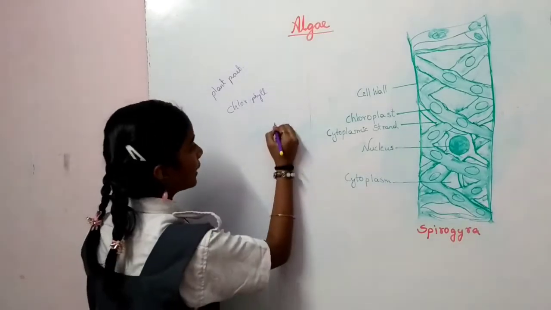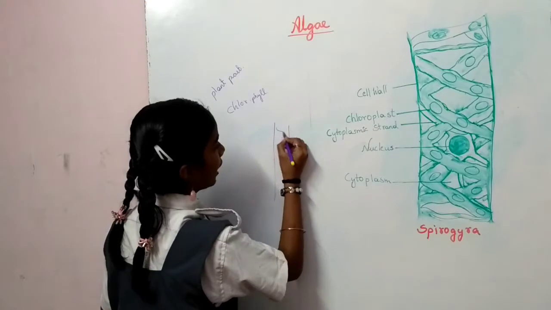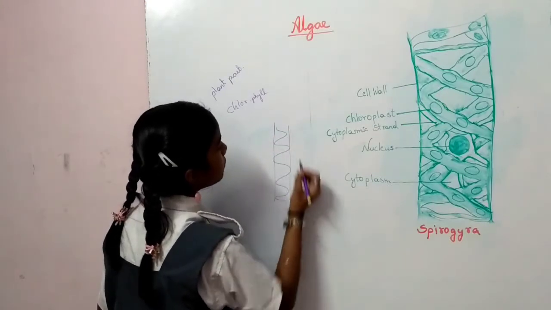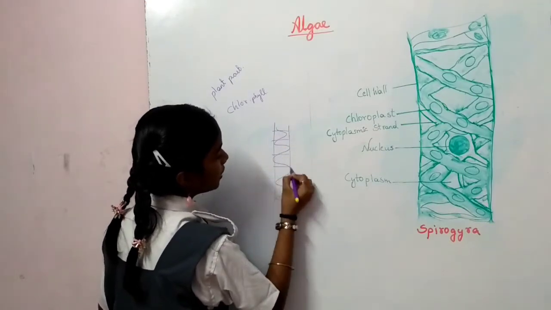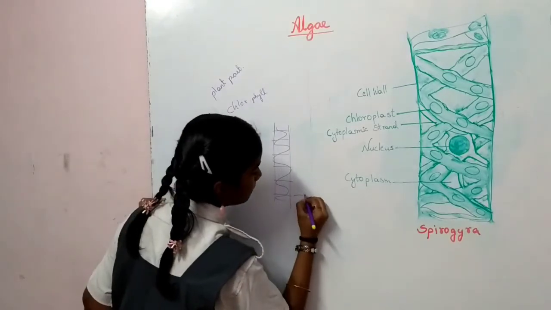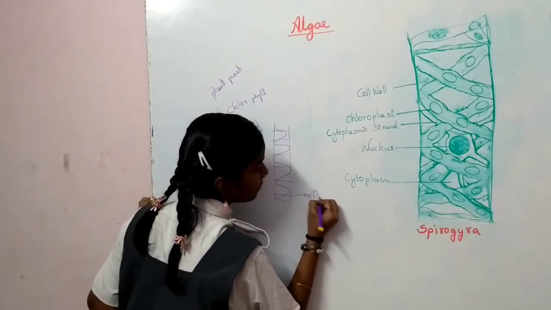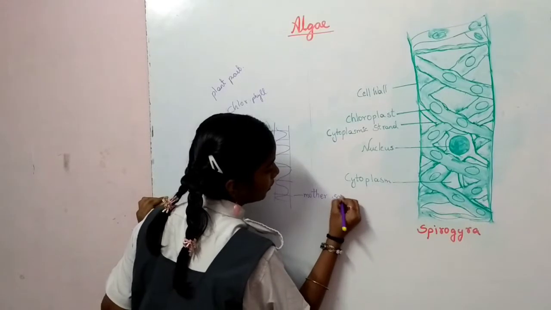Now if we take that as a rough diagram, this is a mother spirogyra.